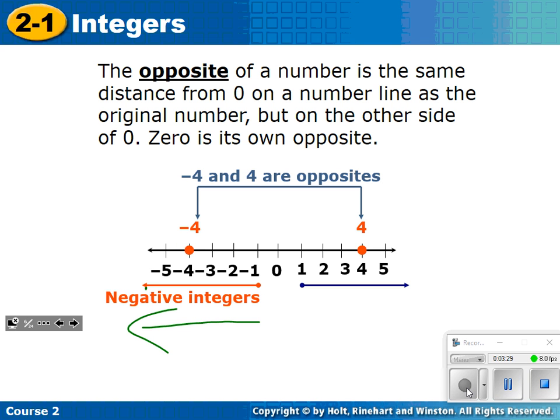Even though they look like they're getting bigger, they're actually worth less. Think about the negative number in front of it as owing money. The bigger the number, the more money you owe, so it's actually worth less. You see what I mean? You want to be farther to the right. They're worth more.